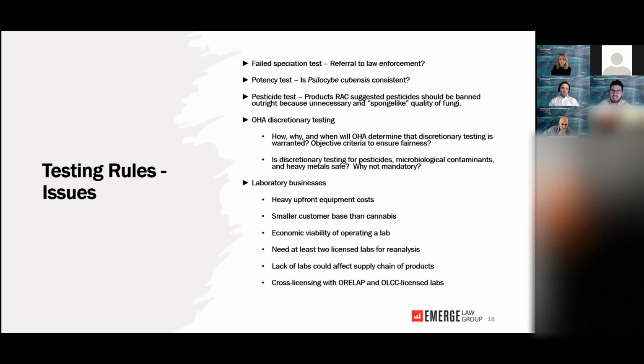So if one licensee ends up having to test their products over and over again, it would be unfair and inequitable. And then also, is discretionary testing safe? If you're only testing occasionally for pesticides, microbiological contaminants, and heavy metals, does that guarantee a high enough level of public safety?